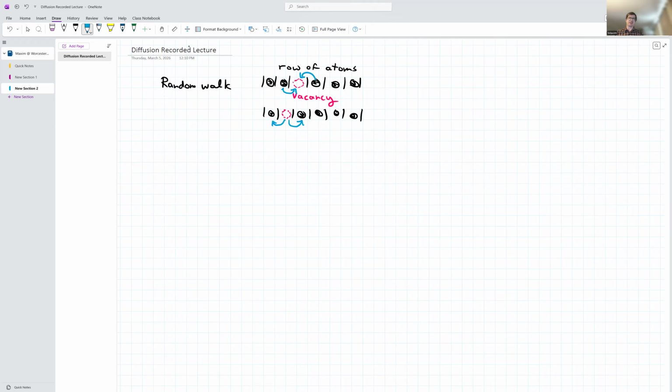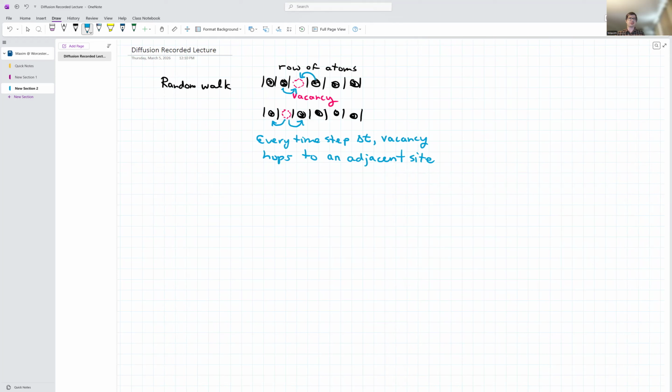So you say that every time step delta t, a vacancy hops to an adjacent site. And we need to assign a distance to the sites.